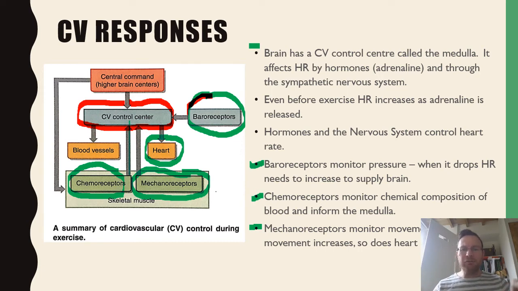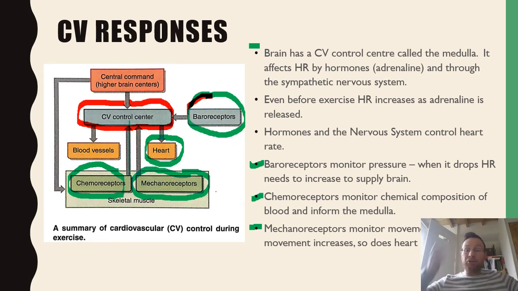So it has three key things. Baroreceptors monitor pressure, the pressure in the system. So when my limbs are moving and all my blood's being taken away, it's going to think, oh crikey, there's not enough blood left for my brain. So we're going to start having to beat much harder to make sure there's adequate blood to continue supplying my brain.